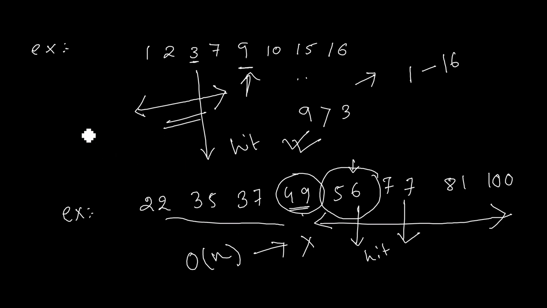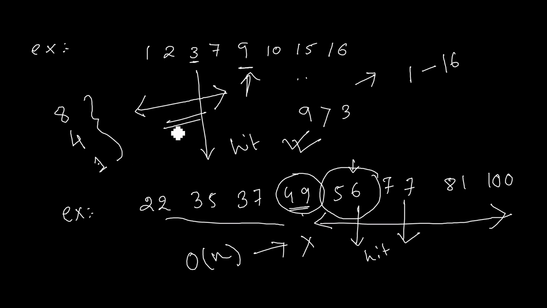So at first we have an array of size 8. In the next step we have an array of size 4, and again at the next step it's only 56, so array of size 1, or we can say 2, because we had this 77 as well. But anyway, our search space keeps on decreasing.